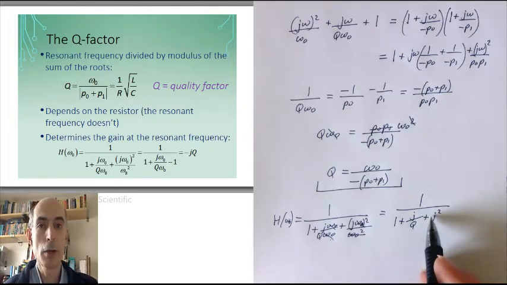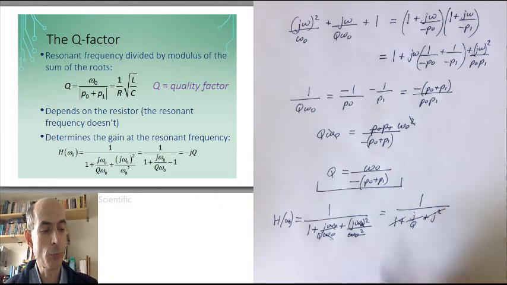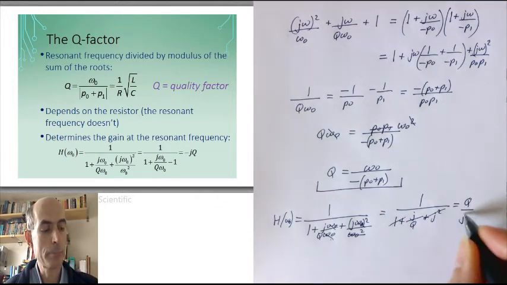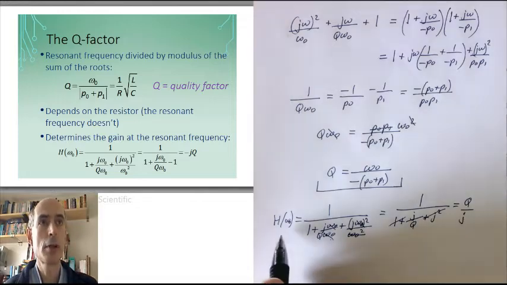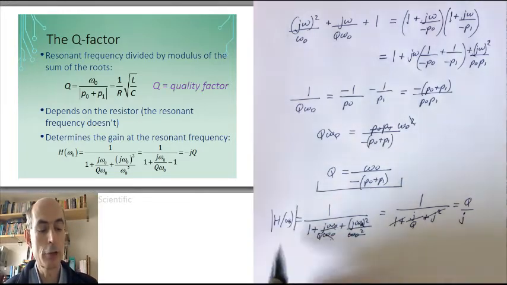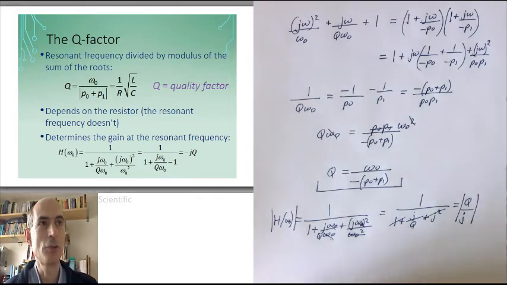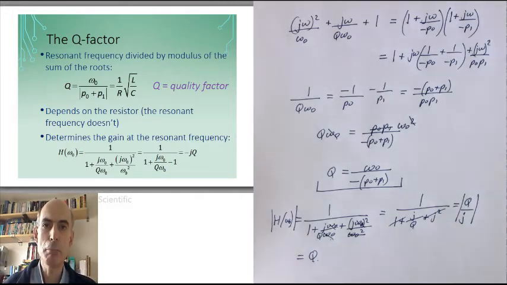Well, j squared is minus 1, so that cancels out with that, and that just leaves us with Q over j. If we're only interested in the magnitude of the frequency response to get the amplitude response, the magnitude of Q over j is just equal to Q. So the Q factor is the amplitude gain at the resonant frequency.